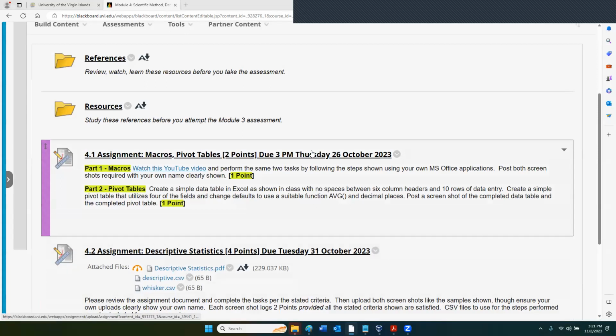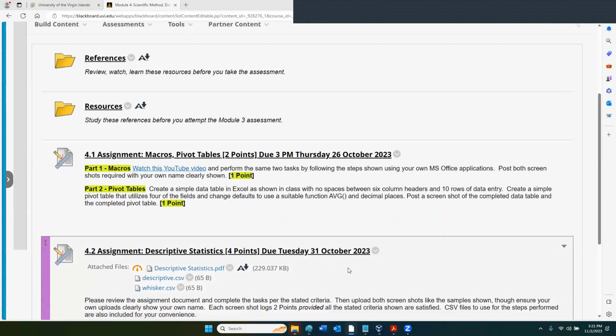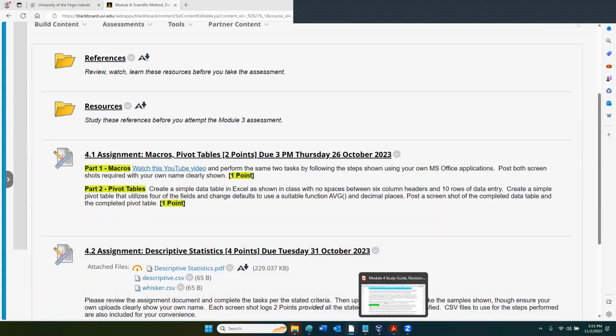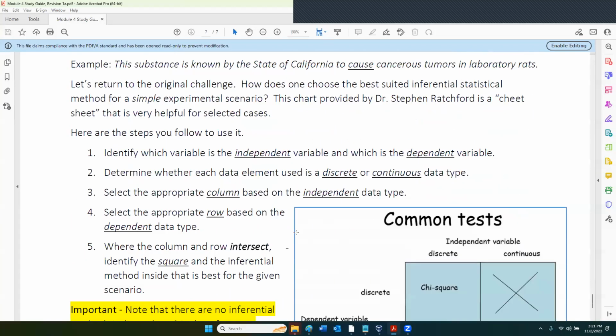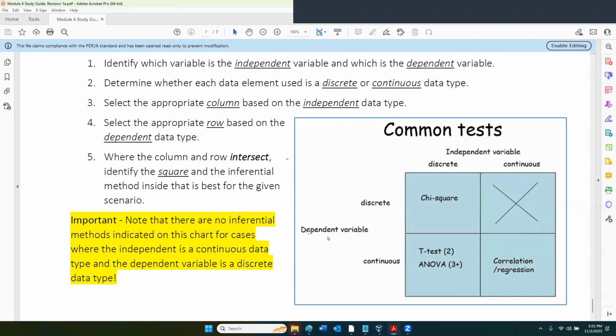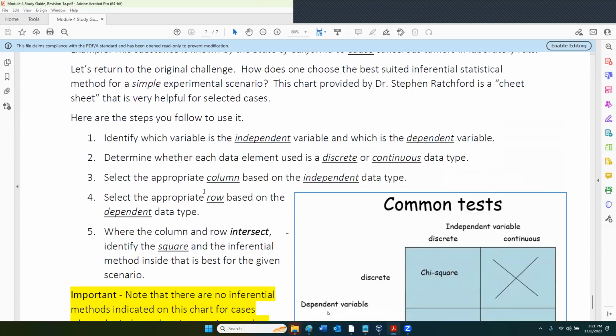Right, so as we finished on Tuesday, we were talking about a simple way to determine how best to select which of several inferential statistical methods to use for a certain scenario.